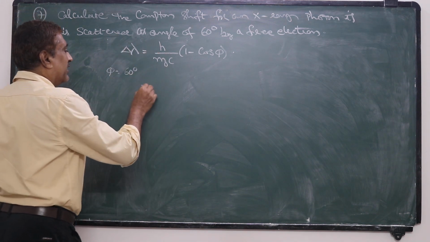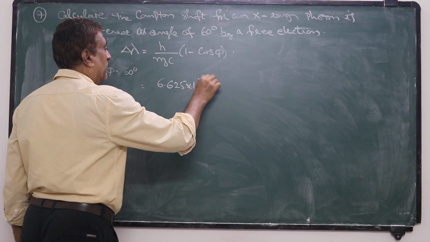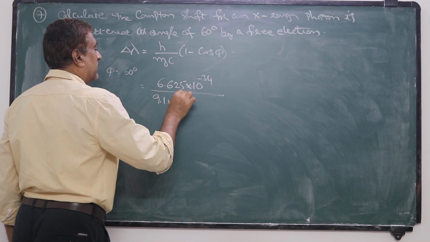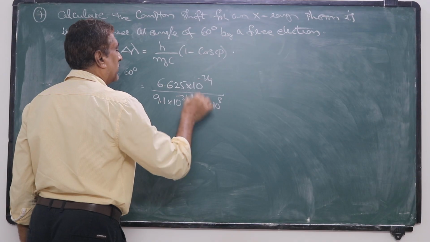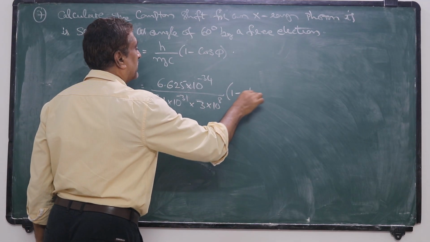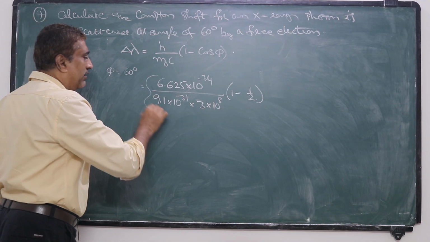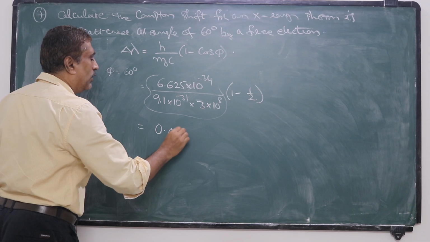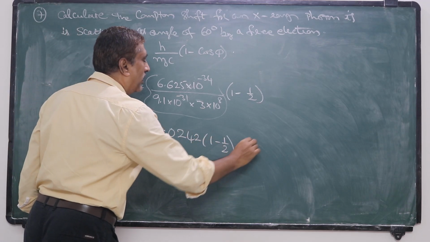So this is 6.625 into 10 power minus 34 by 9.1 into 10 power minus 31 into 3 into 10 power 8, into 1 minus cos 60, which is half. Actually, if we calculate this value, we have directly 0.0242 into 1 minus 1 by 2 Armstrong.